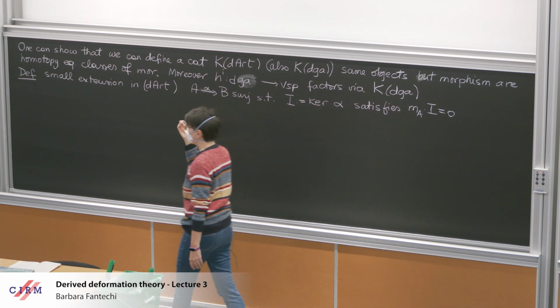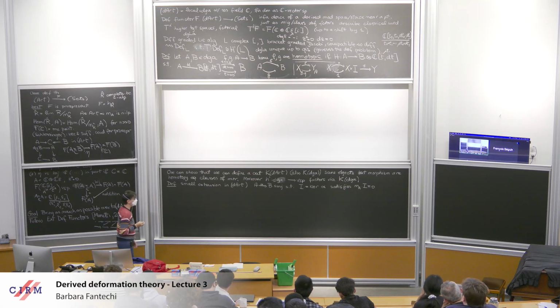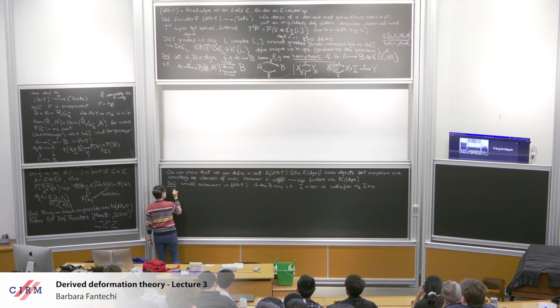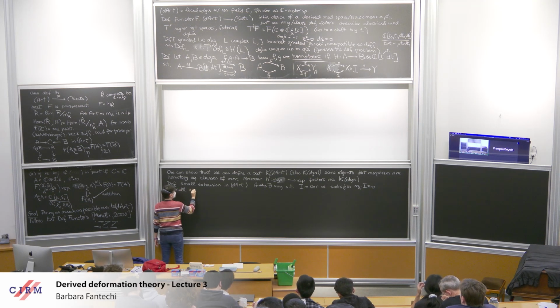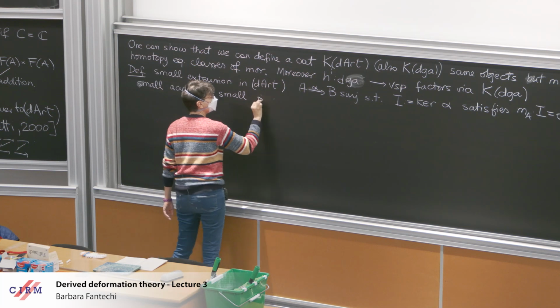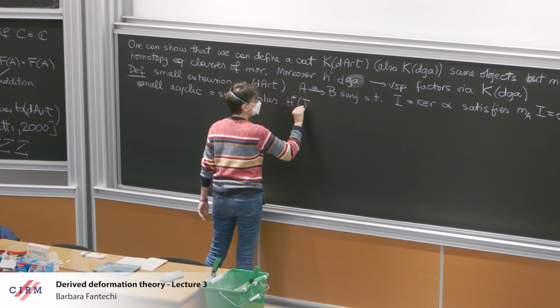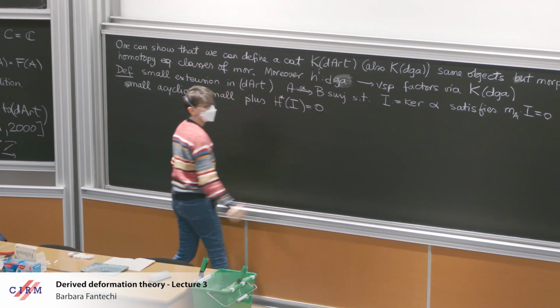So this is exactly the same definition as we had in the non-derived case. But now we can add one condition, which is small acyclic: small plus the cohomology of I is 0.